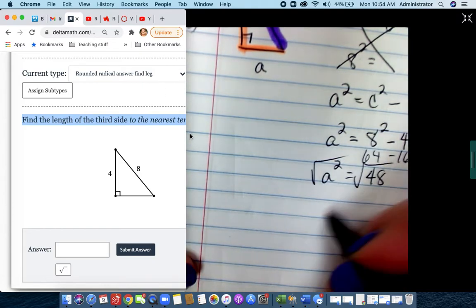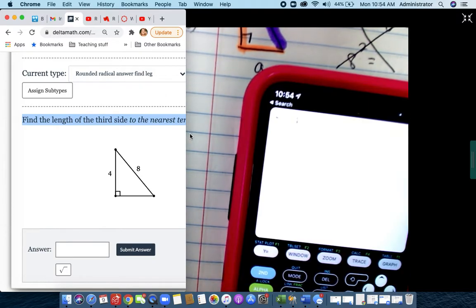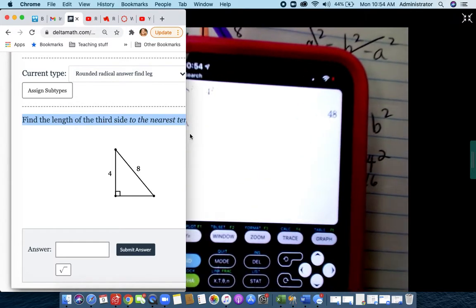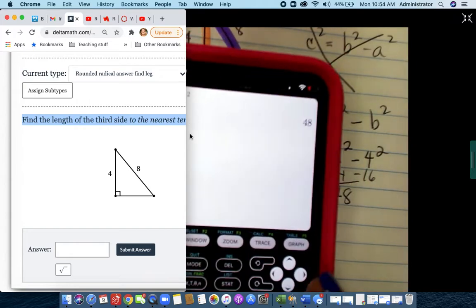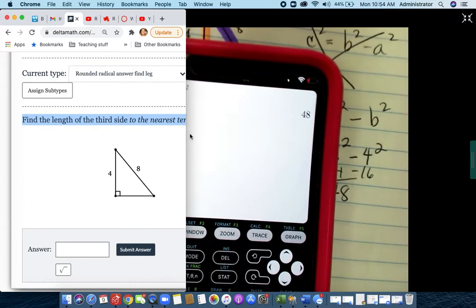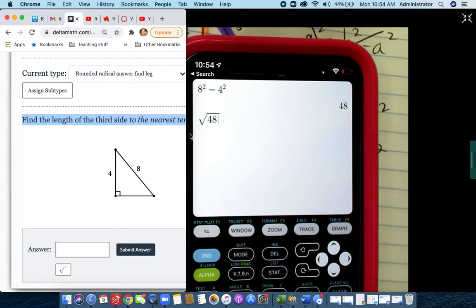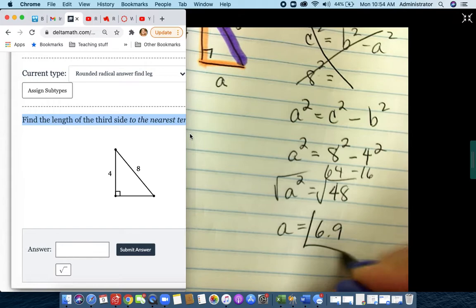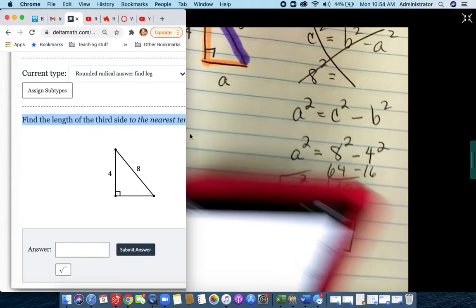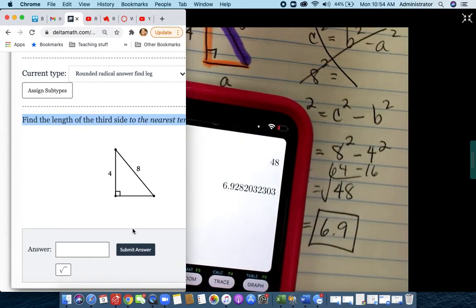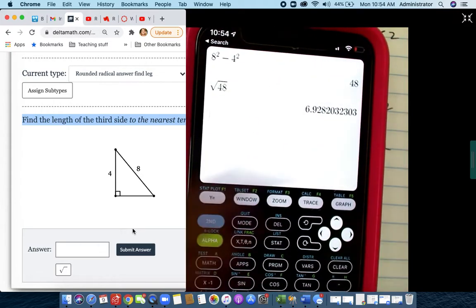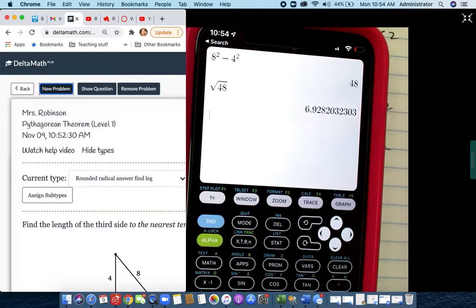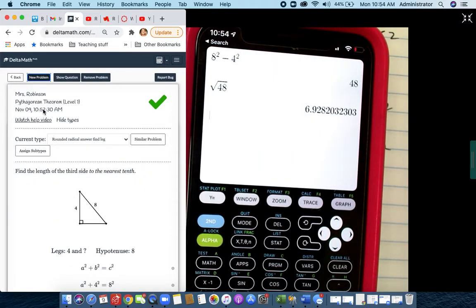So when I take the square root of both sides, I'm going to hit second x squared, and then 48. And I get 6.9. That's what it looks like when I typed it in. So to the nearest tenth, 6.9. And we're good to go.